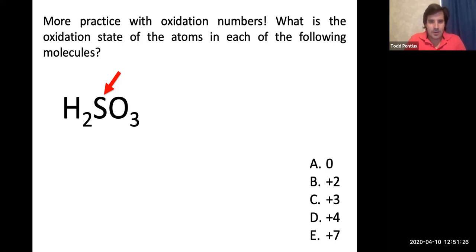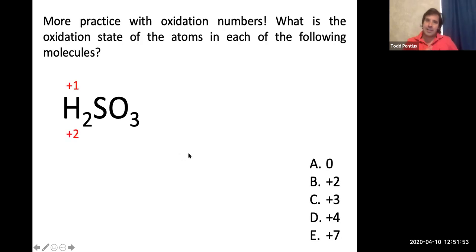All right, we'll give this another 5 seconds or so. 5, 4, 3, 2, 1, and 0. And the answer is D. Nice work. So the way we would do that is each hydrogen is +1, but there's 2 of them.